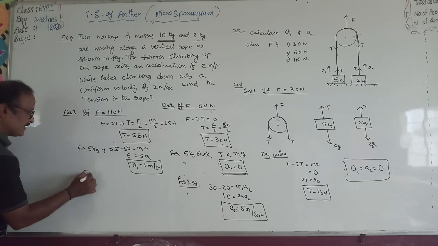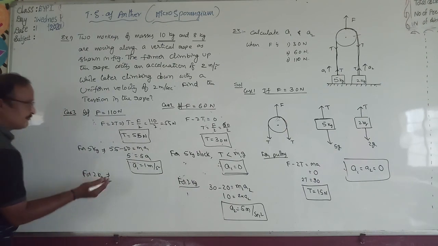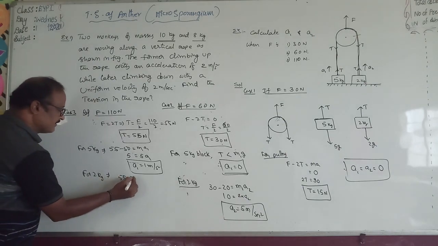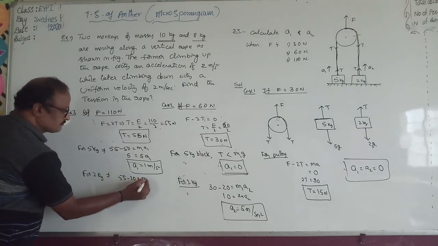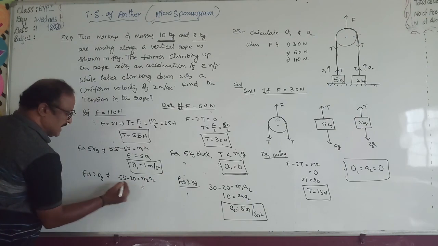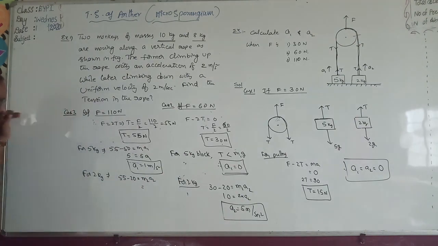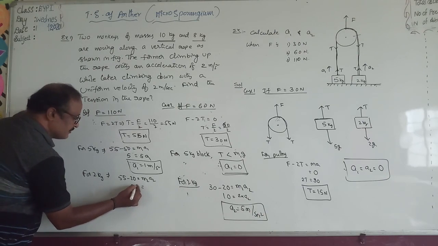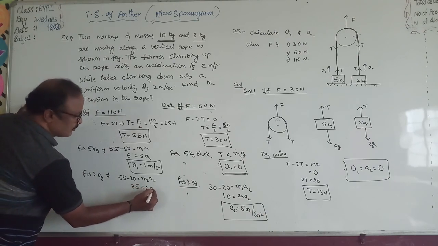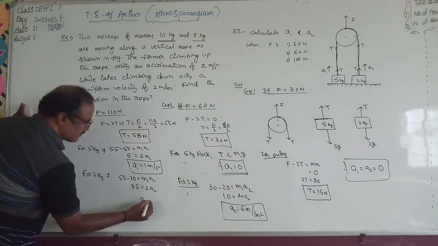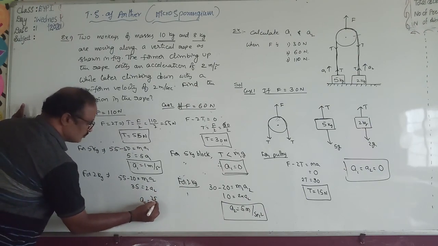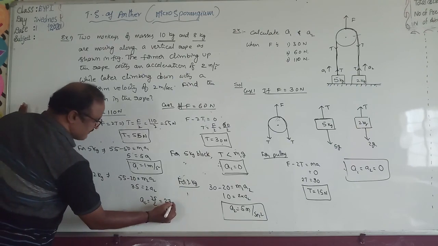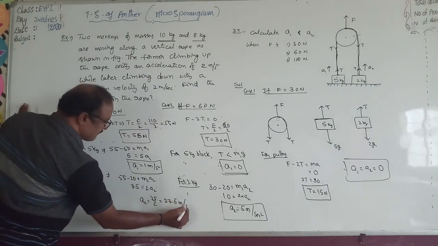Again, for the 2 kg block, what is the net force acting upwards? 55 minus 20 is equal to m2 a2, so 35 is equal to 2 into a2. Then a2 is equal to 35 by 2, sorry, it is 17.5 meter per second square.